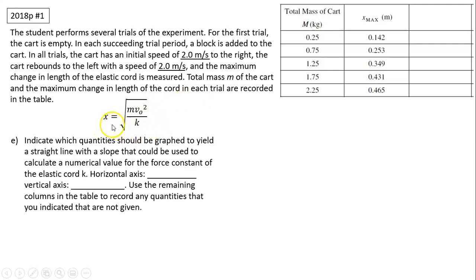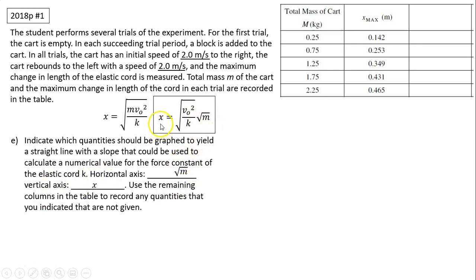So when we change the mass, x changes. How is x related to m? X is proportional to the square root of mass. So this is a direct relationship, and a direct relationship gives us a straight line. So horizontal axis should be square root of m, and your vertical should be x.